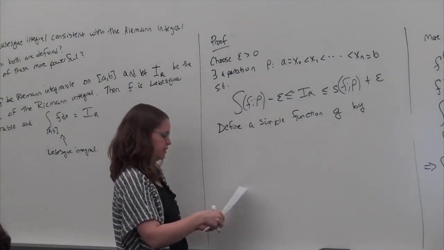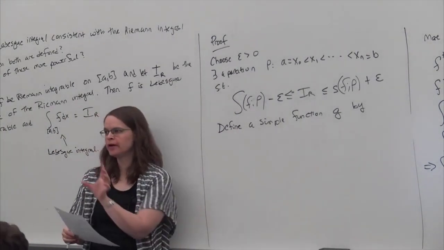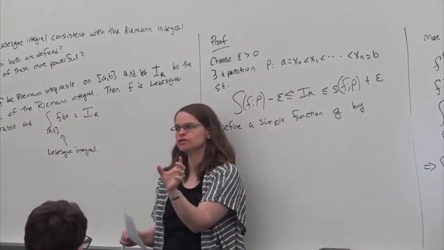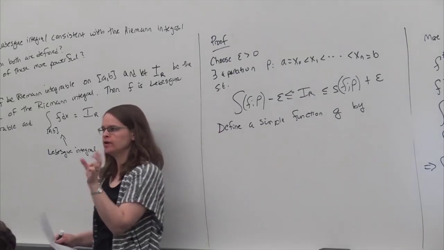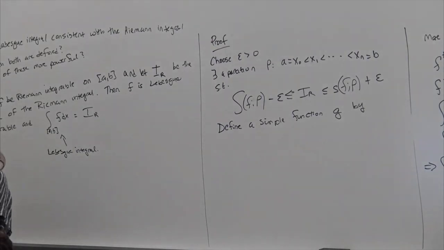Okay, so let's define it like this. I'm going to start by defining it. This partition breaks things up into intervals. I'm going to start by looking at the open intervals, because the endpoints are part of two intervals. I have to uniquely define g by some value at this endpoint.